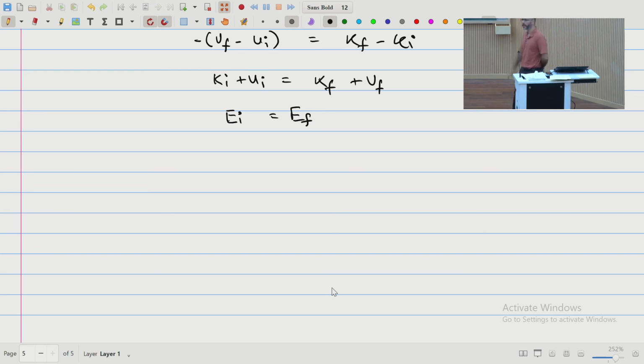Can I apply the work energy theorem in general if I have non-conservative internal forces acting? I can.